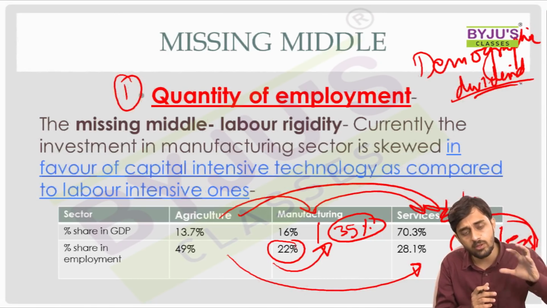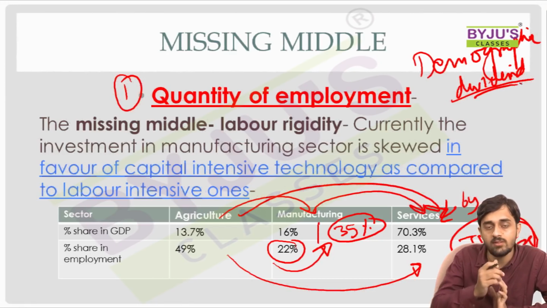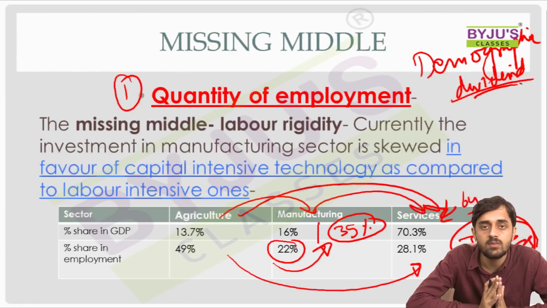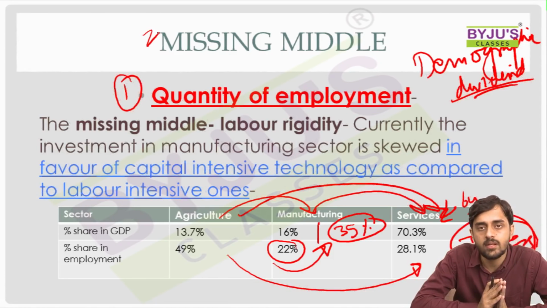Now, if we put this in context, how do we relate it to the issue of labor reforms? The rigidity of labor laws has been termed as one of the major reasons which has stifled the growth of large manufacturing industries in India. And you may ask, how has it happened? It has been termed as the missing middle syndrome. Within the manufacturing sector, there has been a bimodal distribution.